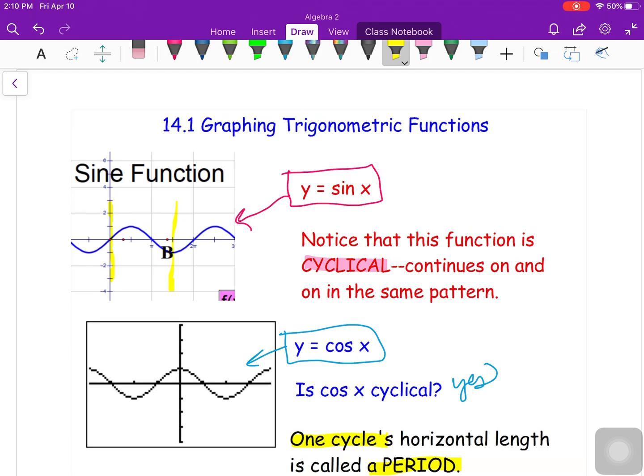If I take that and continue it on, it just keeps repeating. One cycle of cosine is also, we're going to look from this spot to this spot. So as you can see, one cycle does repeat. So each of those are a period.